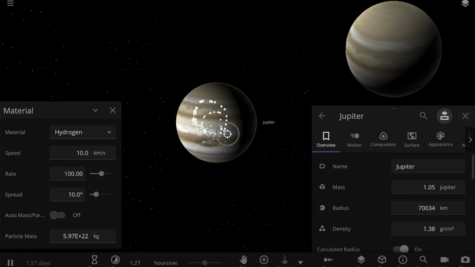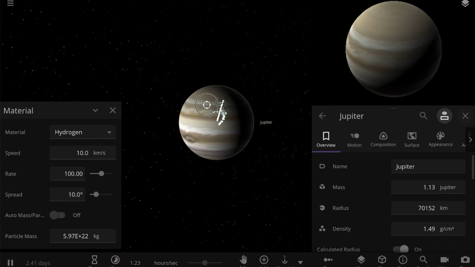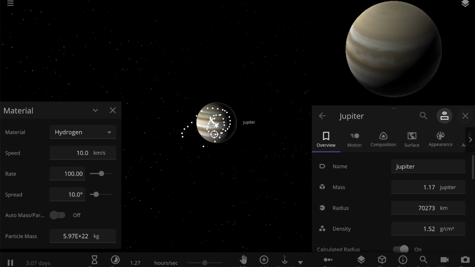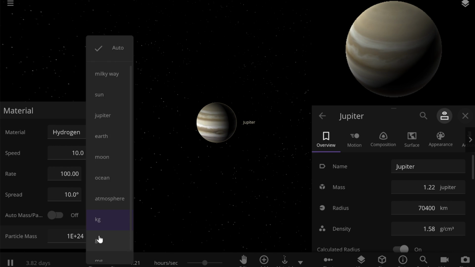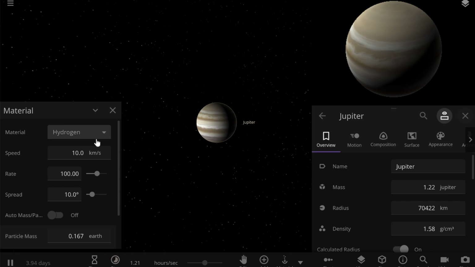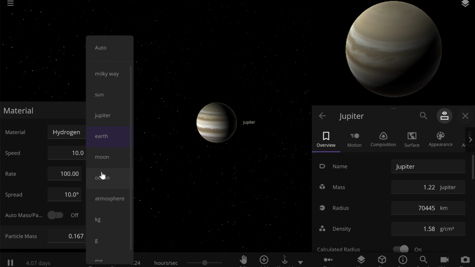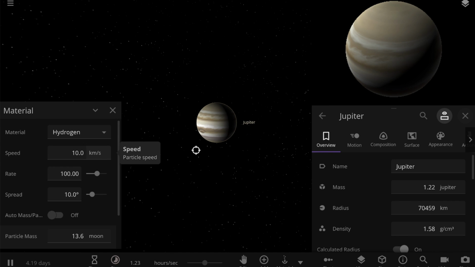Hopefully it will. Okay, so it's at 1.16 Jupiter, so it's going to take a while. So I am going to raise it to maybe 1 E plus 24. That's maybe around the mass of the moon. Yeah, around the moon. Yeah, no, a little bit bigger than the moon. But it is going to be better. Watch this.